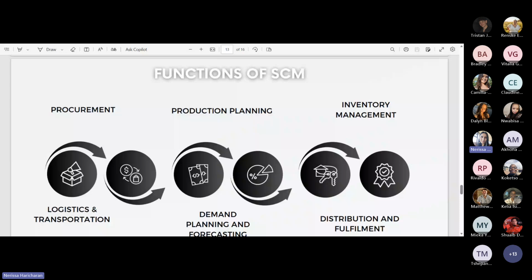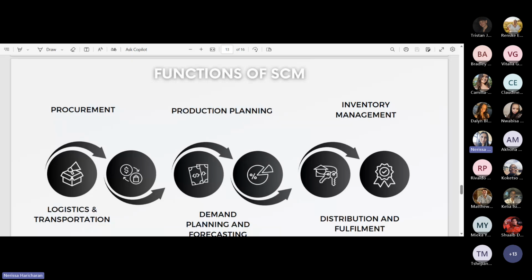So a lot of this function focuses primarily on demand and the forecasting of demand, developing any production plan, scheduling your manufacturing around that, and then managing your inventory thereafter once your production process is concluded.